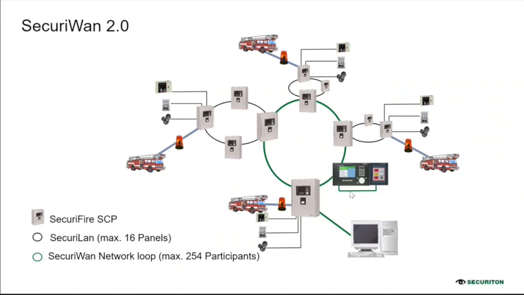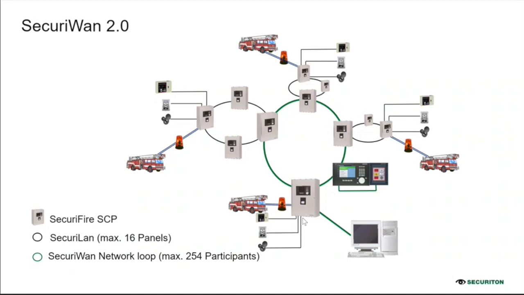And as well, we can also connect a MIC on this SecuriWan. In this ring, we can have up to 254 participants. Remember that the main panel can only be the 3000, and the main panel does not have any ring.